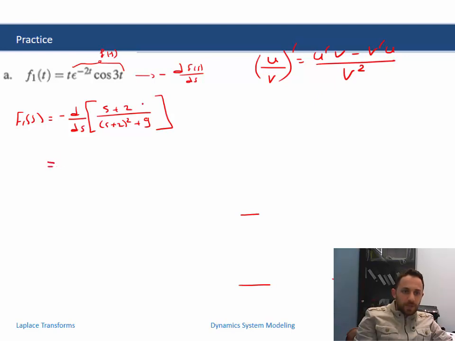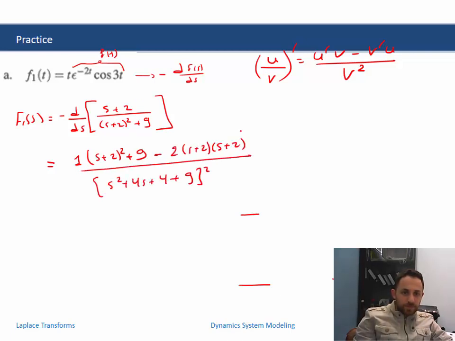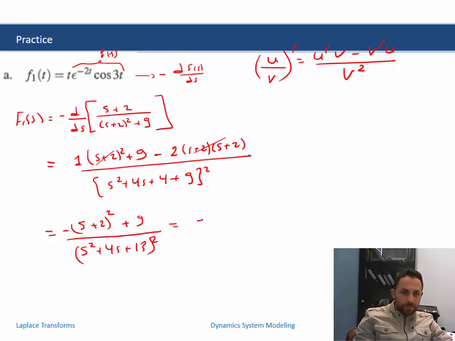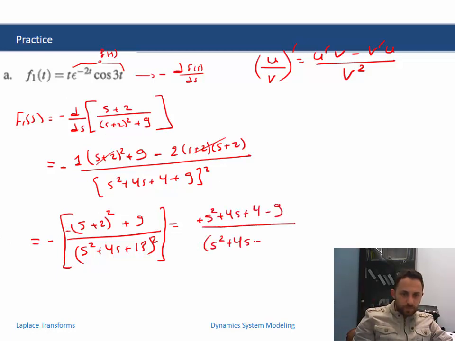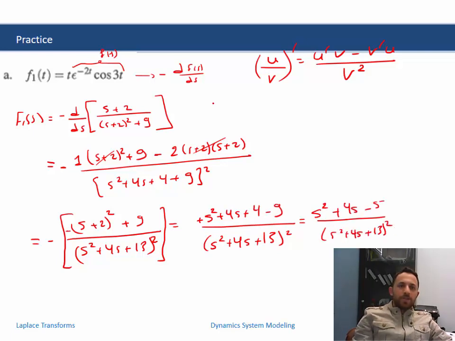So, great, this is the Laplace of f1(t).